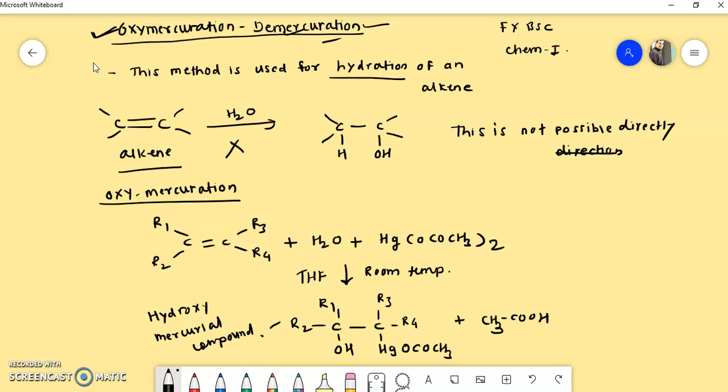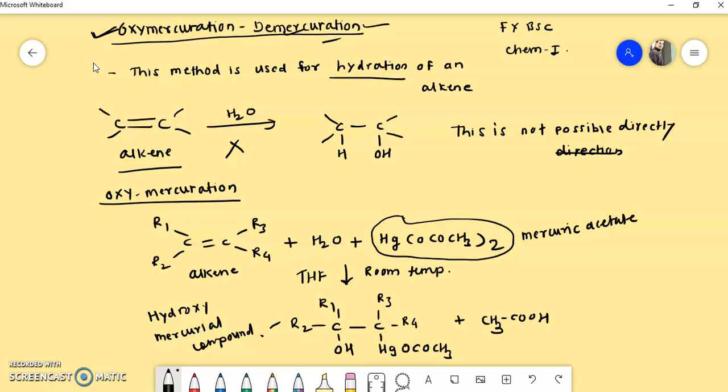So what is oxymercuration? In oxymercuration, alkenes are added to water at room temperature in the presence of mercuric acetate. The name of this reagent is mercuric acetate.